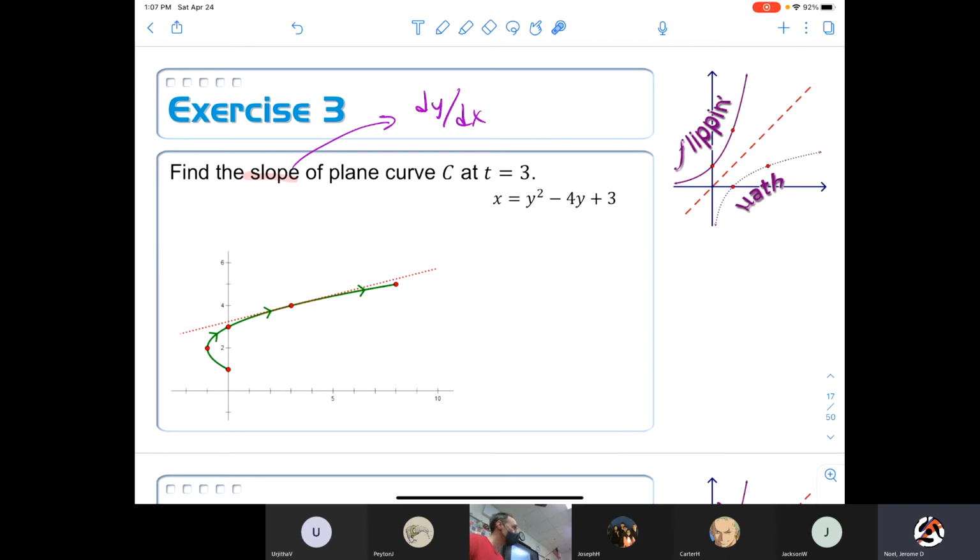That's just 1. Over here, though, whenever I take the derivative with respect to x, I'll have to implicitly differentiate. So I'll have 2y dy/dx minus 4 dy/dx. Right? So factor out a dy/dx: (2y minus 4) dy/dx is equal to 1. So dy/dx is?